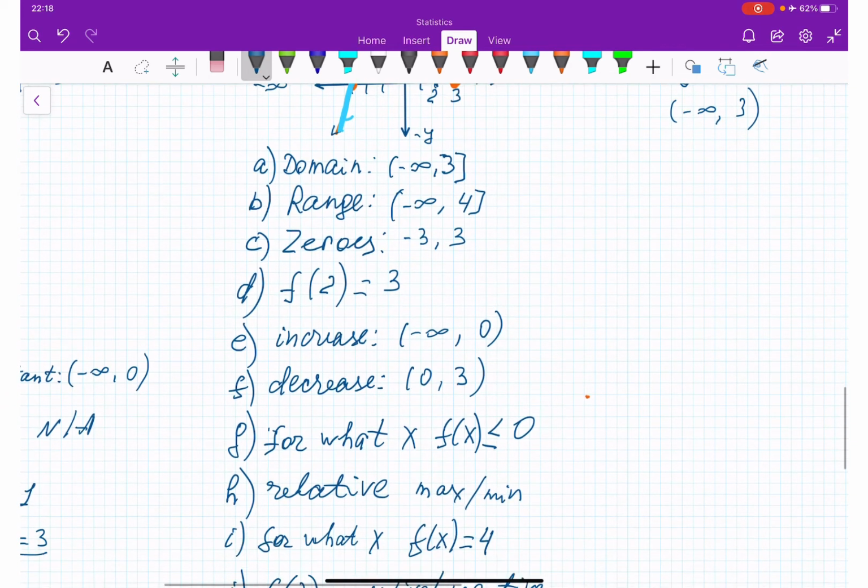What is next? So next is for what values of x we have f of x less than or equal to 0. Okay, well, let's see.